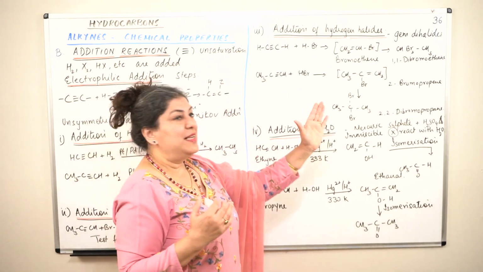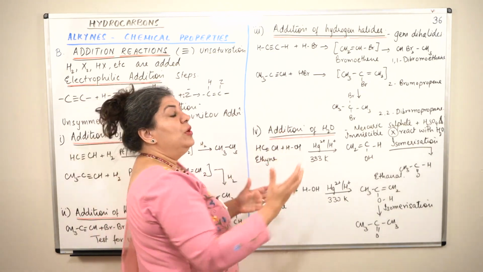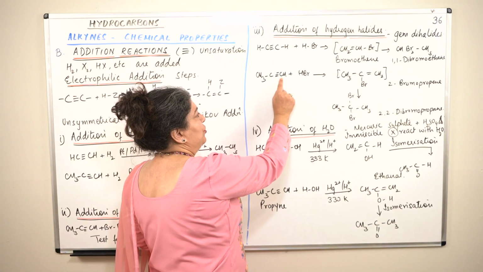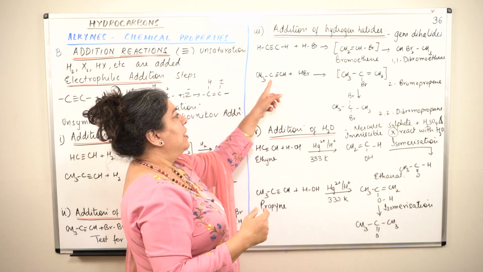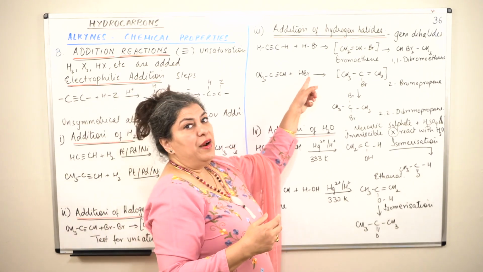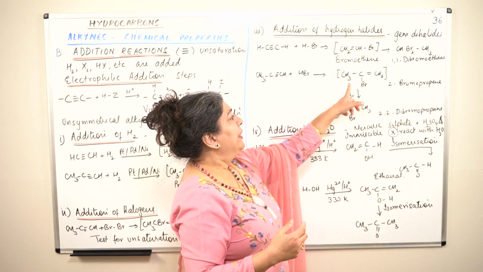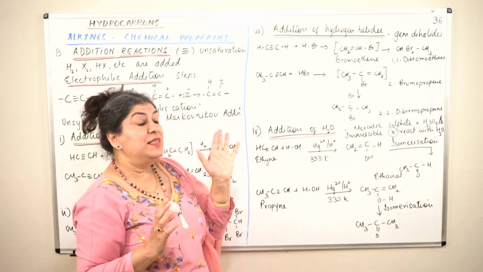Even in the first step, you will notice the Markovnikov addition. So electrophilic addition takes place, the hydrogen part will add first to this carbon and result in the carbocation, positive charge on this carbon. In the second step, the Br negative will add on to this carbon. Therefore, you will get 2-bromopropene as the intermediate.